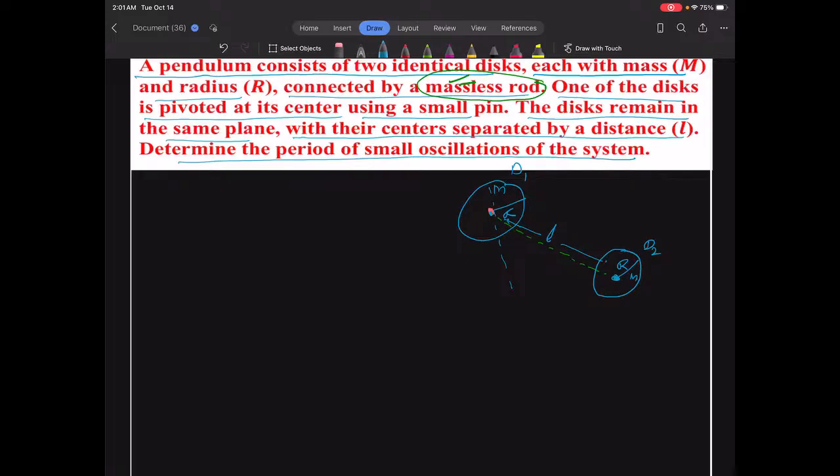In this case, we have to find out the time period for small oscillations, and that we know is our standard formula. We are also going to derive that, but let's solve this particular case first.